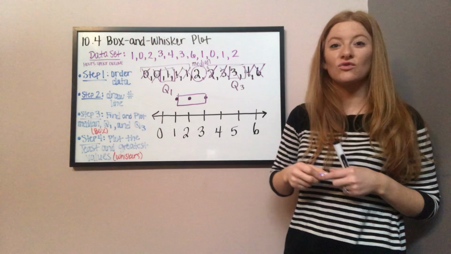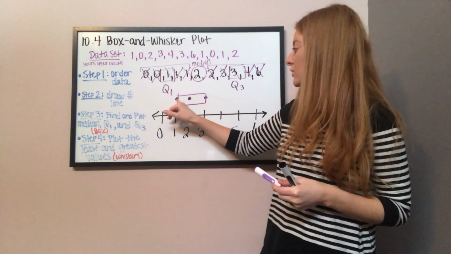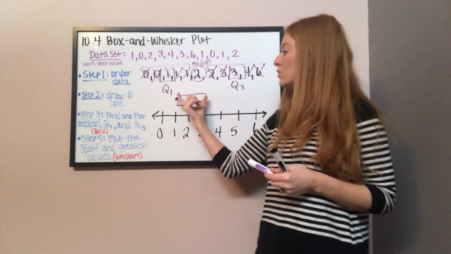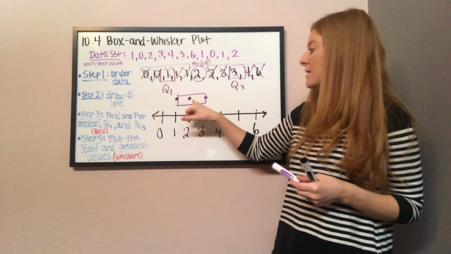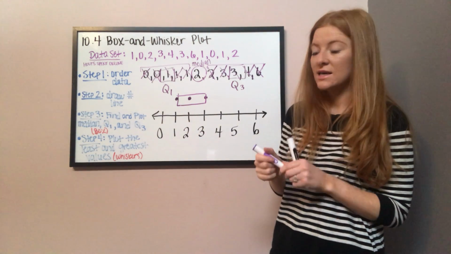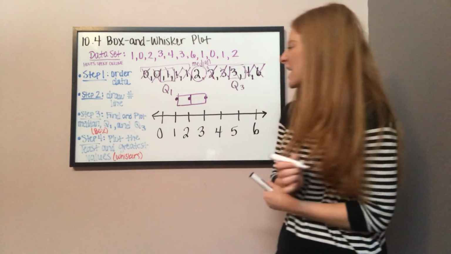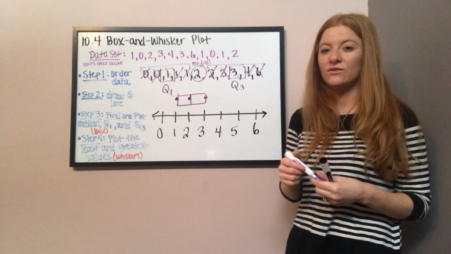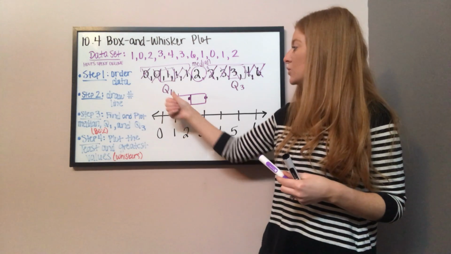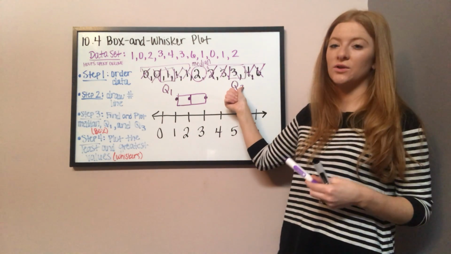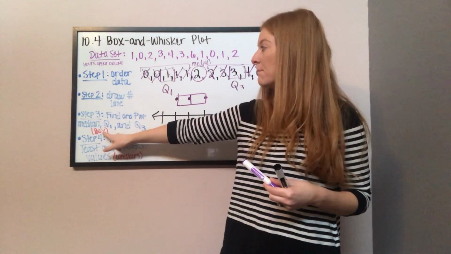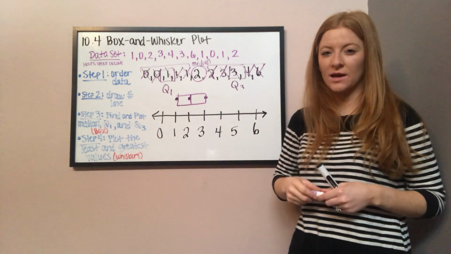Okay, like you're drawing a little rectangle. So your Q1 and Q3, those are your sides, and you're kind of boxing around that median. And then through the median, you're going to draw a line down. So again, you're creating a rectangle using Q1, Q2, and Q3. That is the box piece in your box and whisker plot.